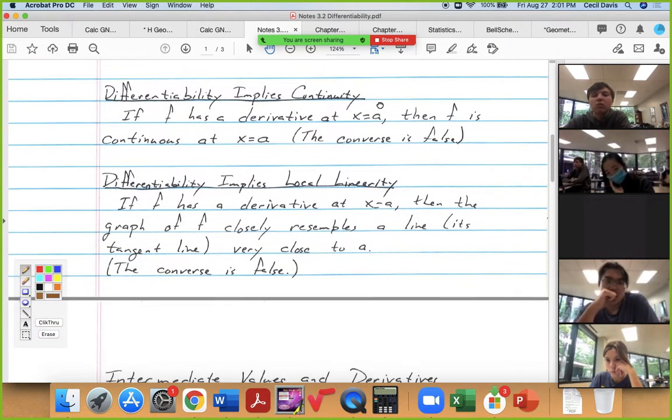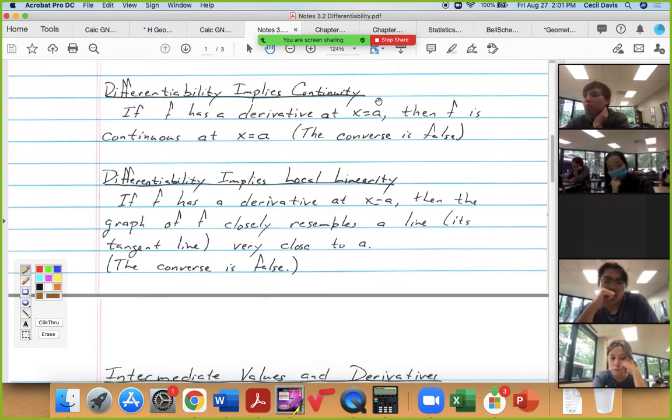So we get to a theorem here that students aren't always as careful of as they ought to be. It says differentiability implies continuity. So if a function has a derivative at x equals a, then it is continuous at x equals a. And I wrote down here the converse is false.